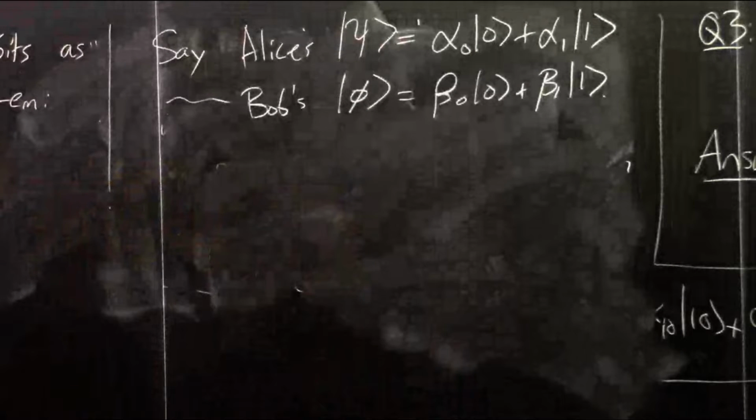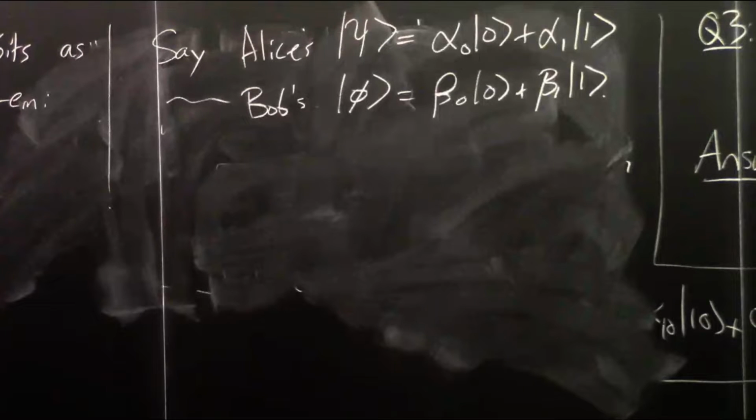And again, you can imagine it by analogy with probabilistic computing. Suppose I said to you, Alice has a biased coin that comes up heads with probability alpha 0 and comes up tails with probability alpha 1. And Bob has a biased coin that when flipped comes up heads with probability beta 0 and comes up tails with probability beta 1.